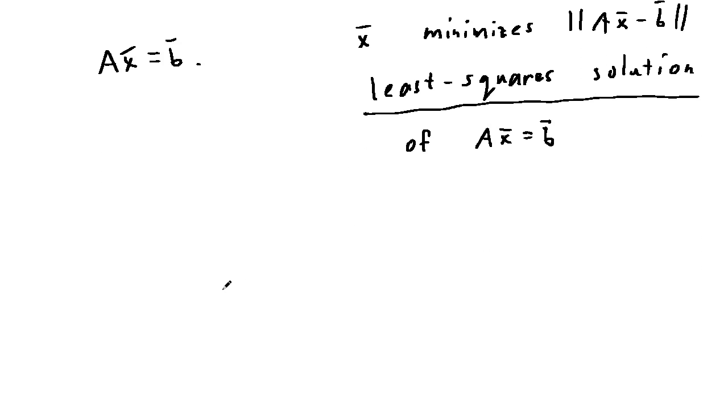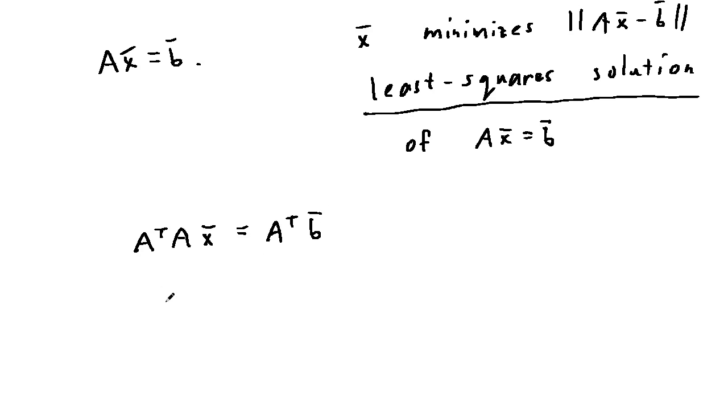Now, it turns out that the set of least squares solutions of Ax equals b consists of all and only the solutions to the matrix equation given by this: A transpose A x equals A transpose b.